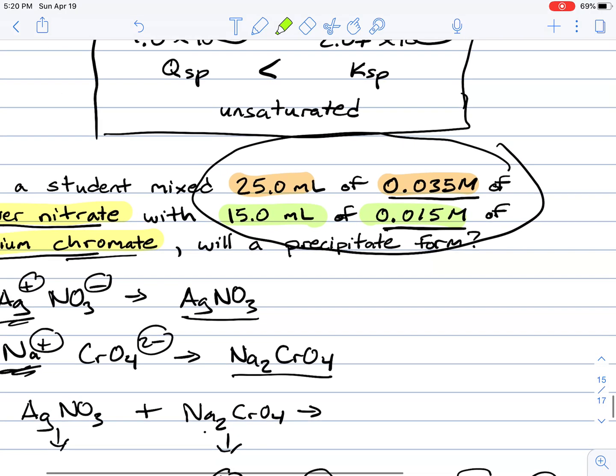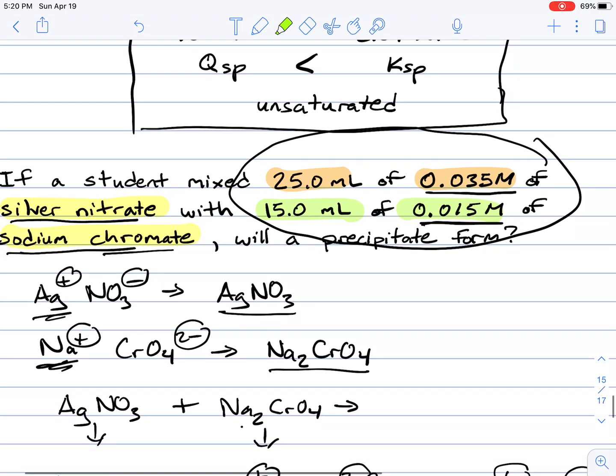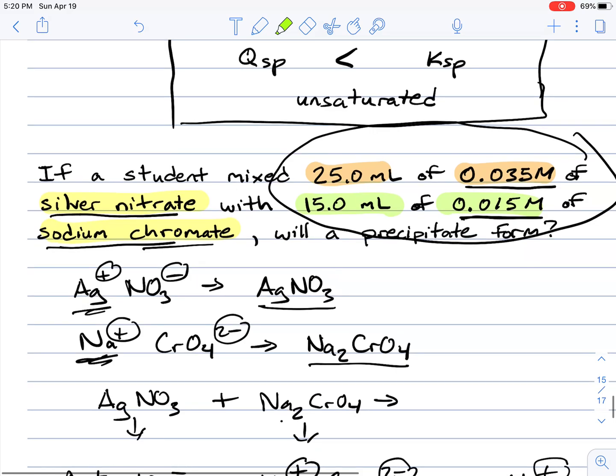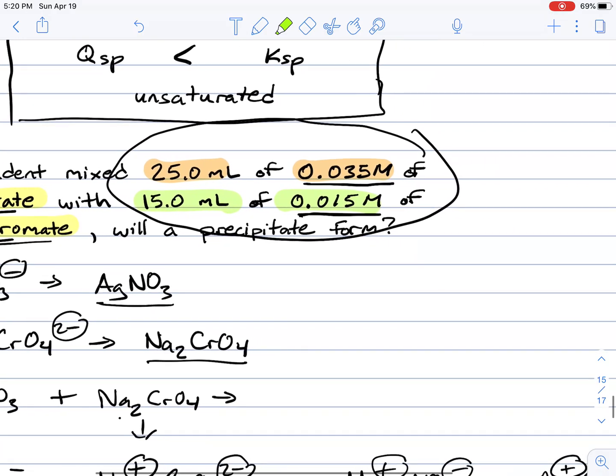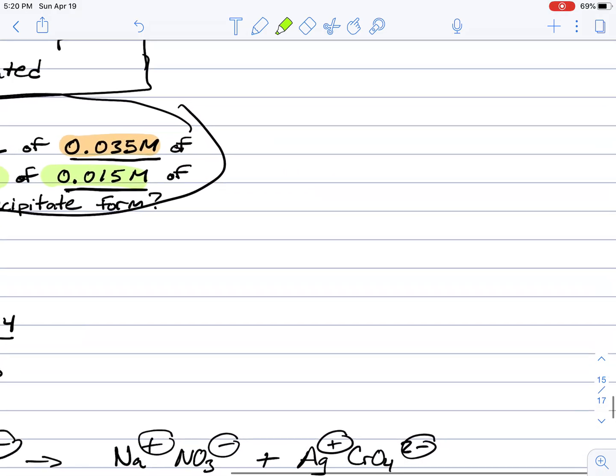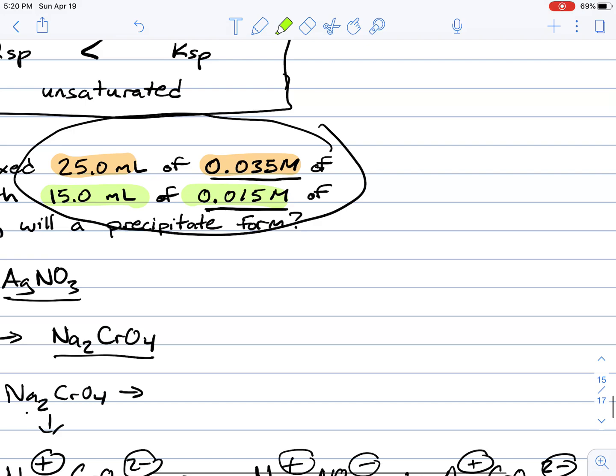And so before you can even plug in the concentrations, you need to recalculate the concentration of silver nitrate, and you need to recalculate the concentration of sodium chromate. So let's go ahead and do that. We're going to be using our dilution equation.